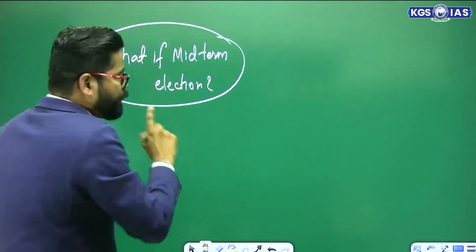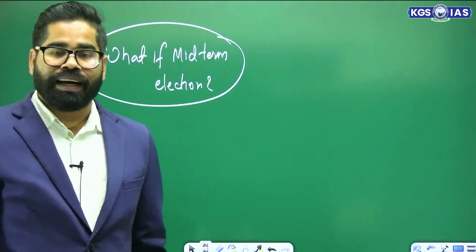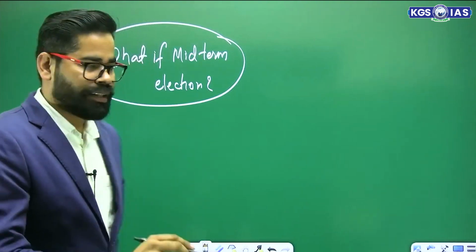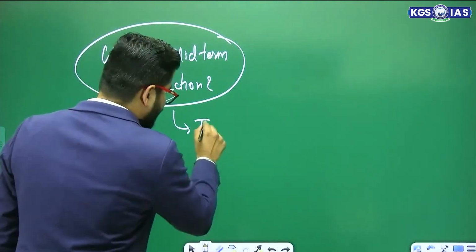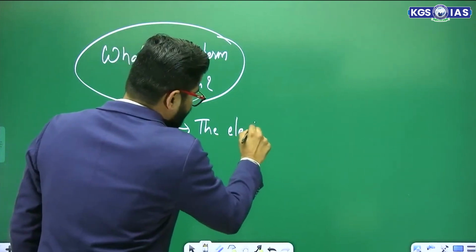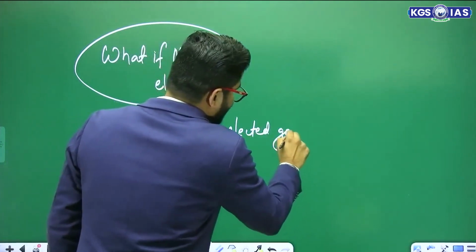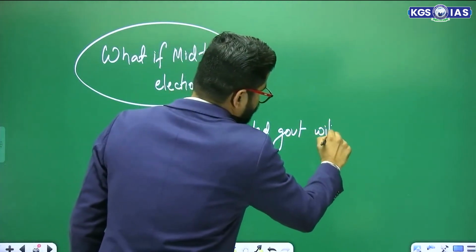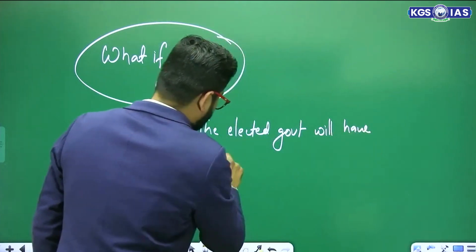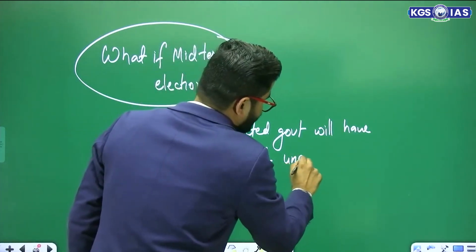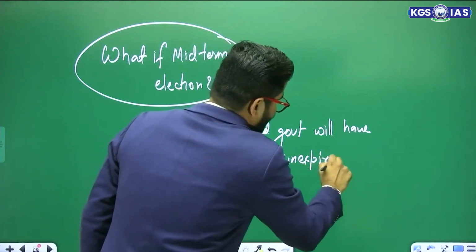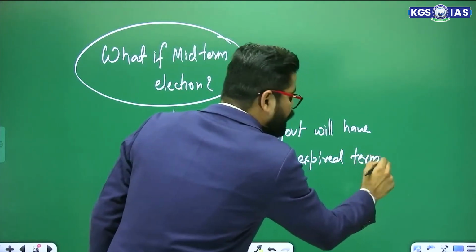In the case of a midterm election, the elected government will have the tenure of the unexpired term, meaning the remaining term.